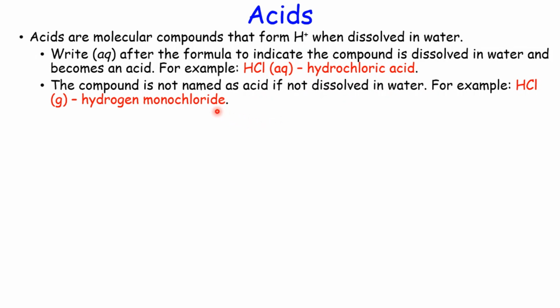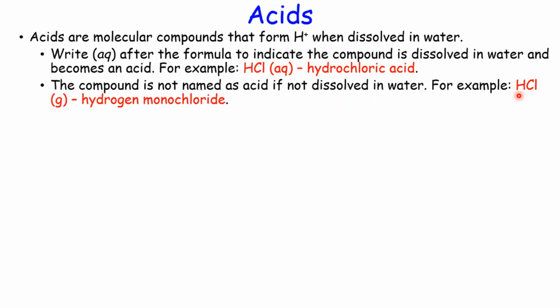But if it does not dissolve in water, let's say HCl in the gaseous phase, it's not an acid. Of course, you have to call that using the rules we just talked about a short while ago. The first one is hydrogen.